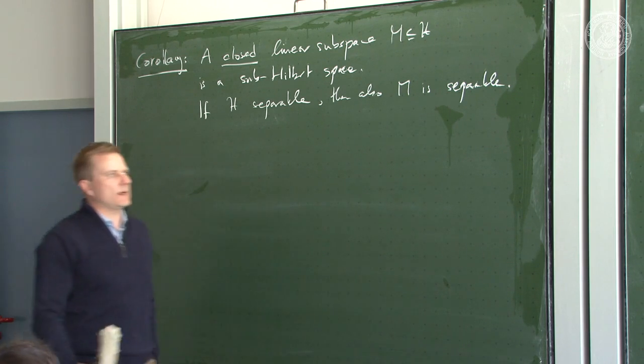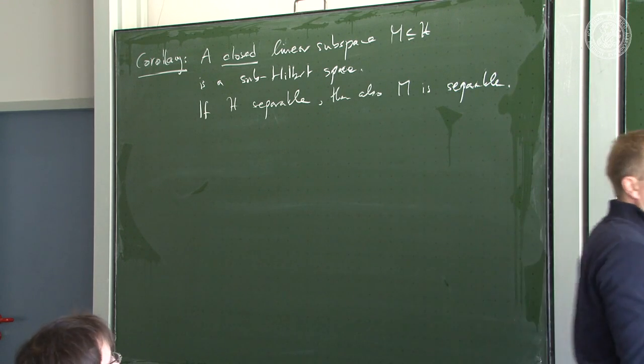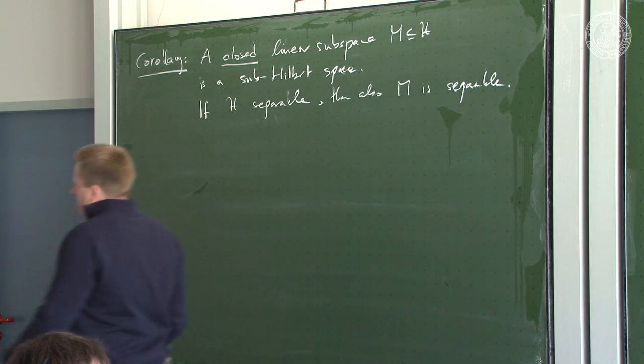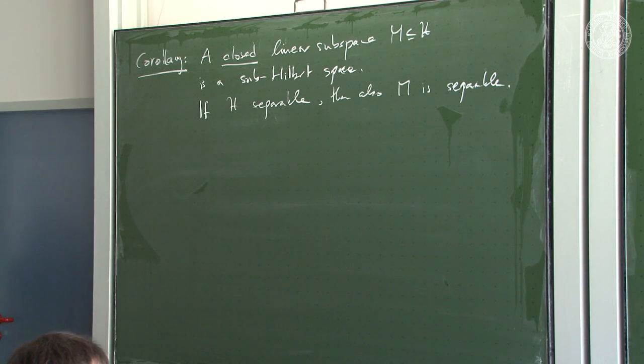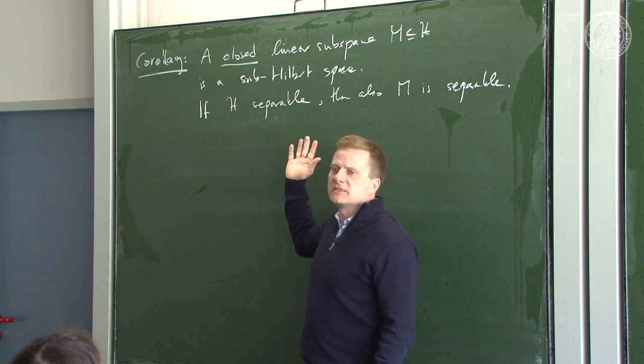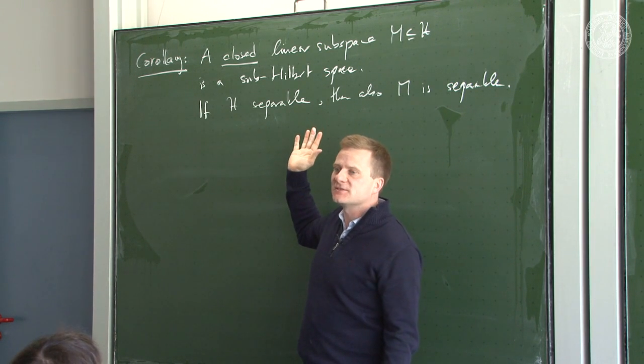So now you understand why in many places we talk about closed subsets. If we construct something, we're interested in checking whether the result of the construction is a closed subset. Because if it's then also a linear subset, we know we have a sub-Hilbert space. Why is it so great to have a sub-Hilbert space? Well, for instance, you know you can choose an orthonormal basis on it.